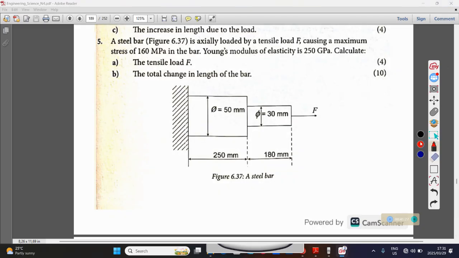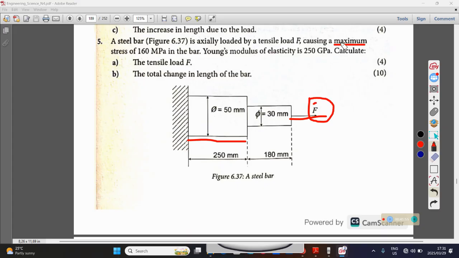So this is the length. So this force is applied parallel to the length. Okay, this thing is loaded axially. Then this force is going to cause the stress, maximum stress of 160 in the bar. Calculate the tensile force, the magnitude of this force.